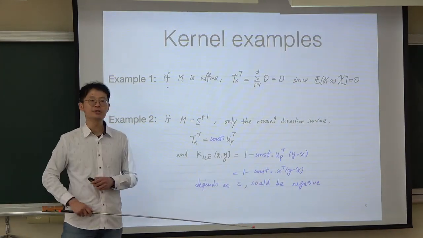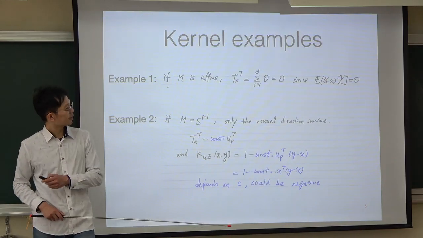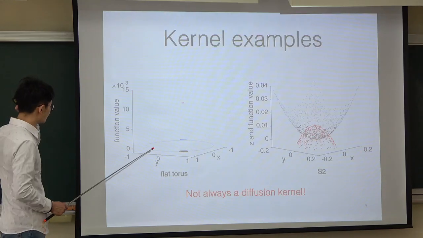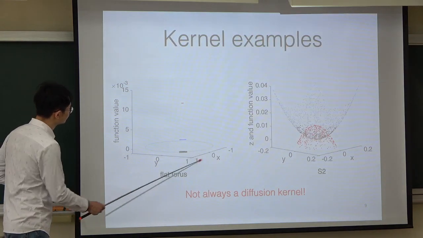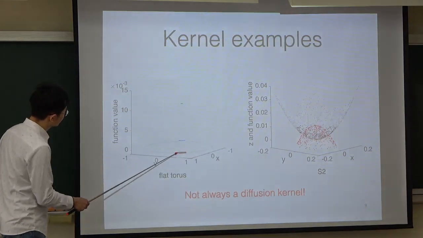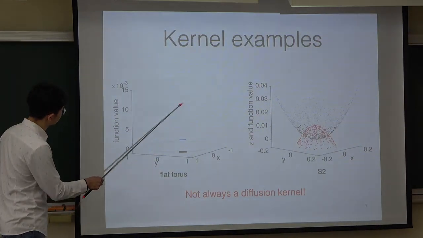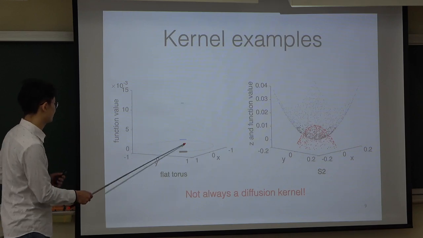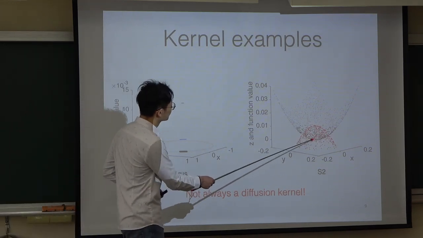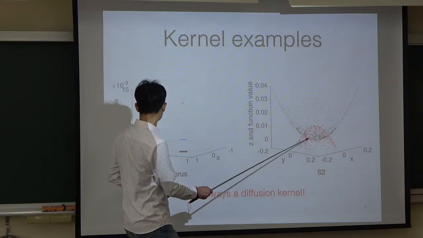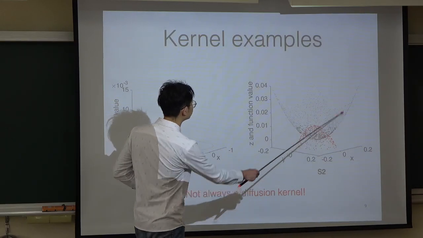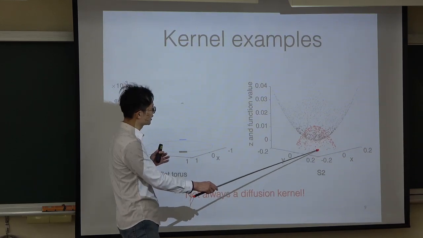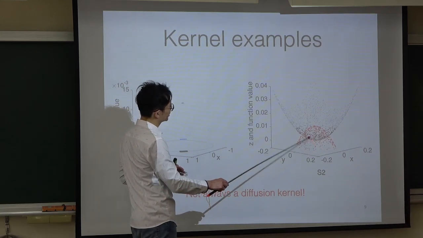So this is an interesting example, and if we take a look, for example, this is a flat torus example. Over this period, the kernel is flat, depending on the epsilon, depending on the C you choose. They're just flat. And this is the S2 example. This is the S2, okay, and this is the point. This figure is not very clear, but you can anyways see what it is.